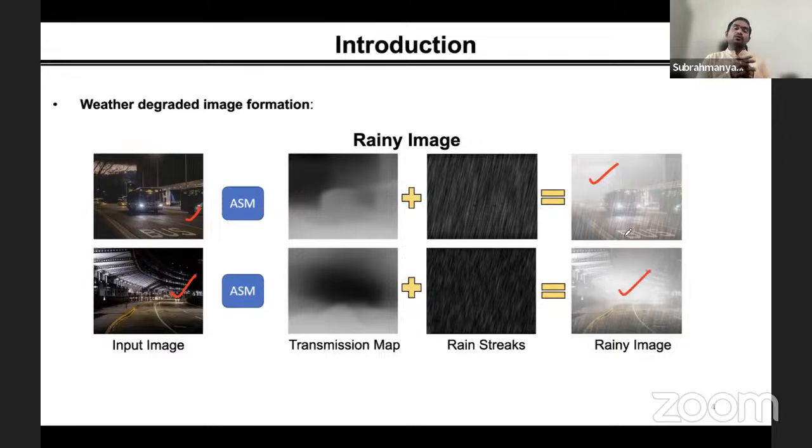But now coming to the point, in our research, how can we get this? It is an under-constrained problem. Rain removal, haze removal, or snow removal is an under-constrained problem, because you cannot collect two images at the same time, with degradation and without degradation.